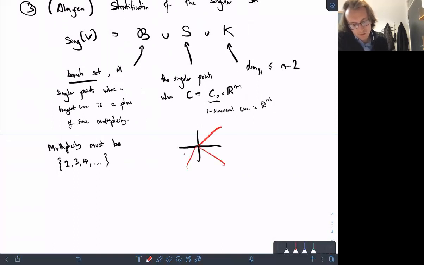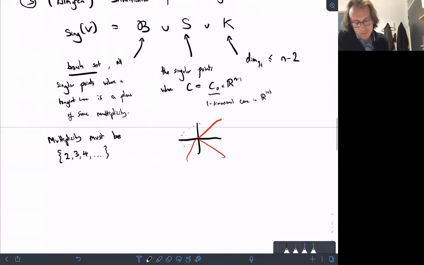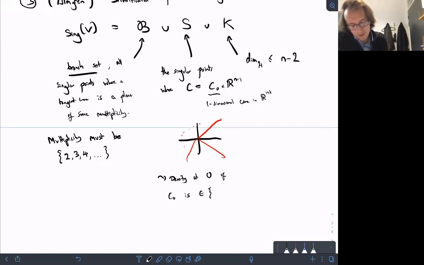We don't know how many rays, but a union of rays. You can see, by thinking about how much mass each ray or half line contributes at the origin, that the density at the origin of C0 is in 3/2, 2, 5/2, 3, etc. So half integer, because each half line contributes half the mass at the origin.